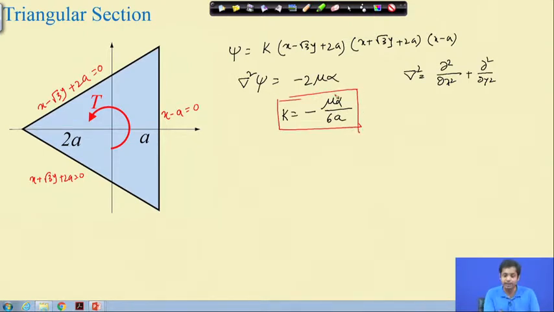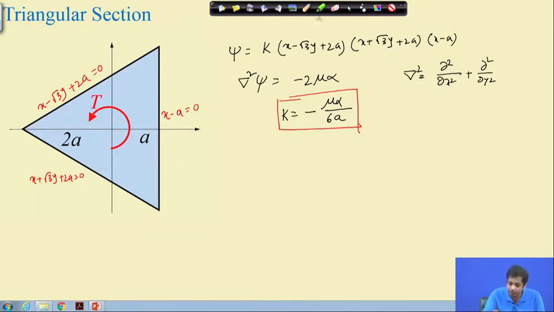So, now we have the expression of psi as a function of x and y and other material parameters. Since psi vanishes at the boundary, it satisfies all the traction boundary conditions at the surfaces.